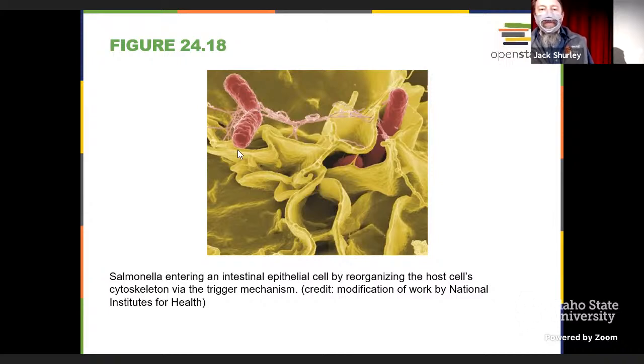You potentially saw some of these guys in lab with some of the SIM deeps that you worked with, and you could see some blackish H2S production in those tubes.